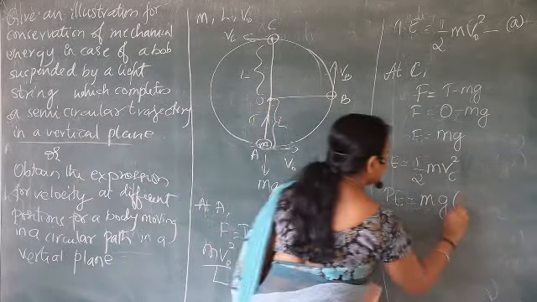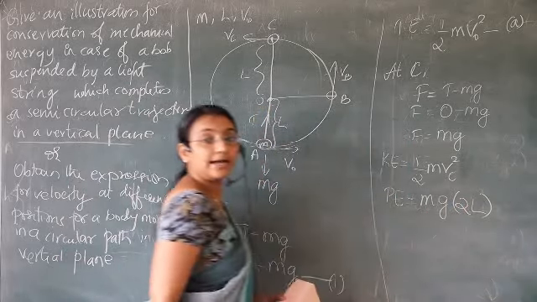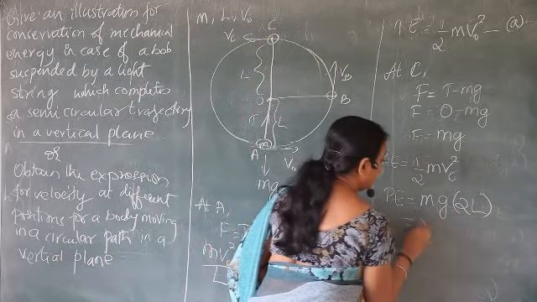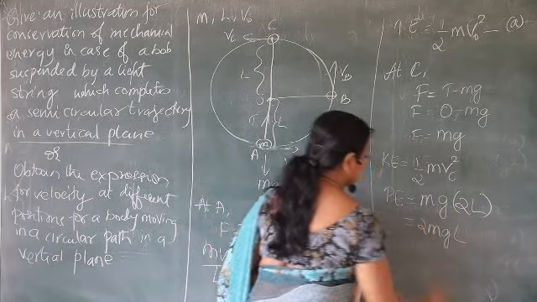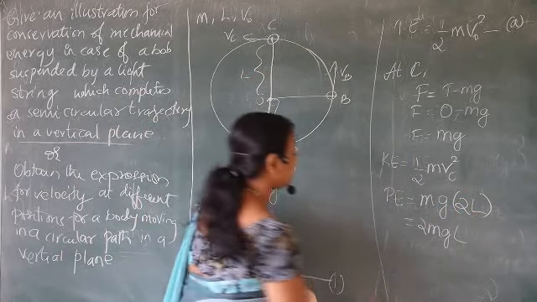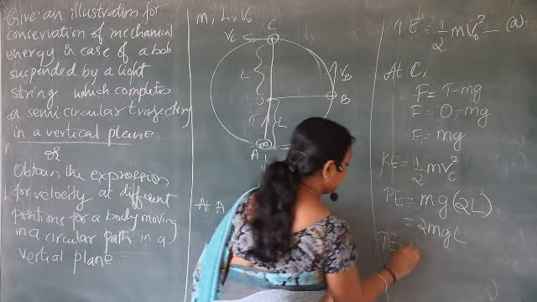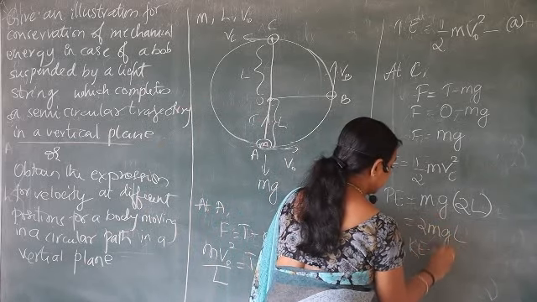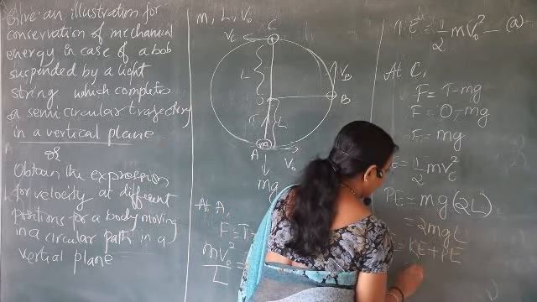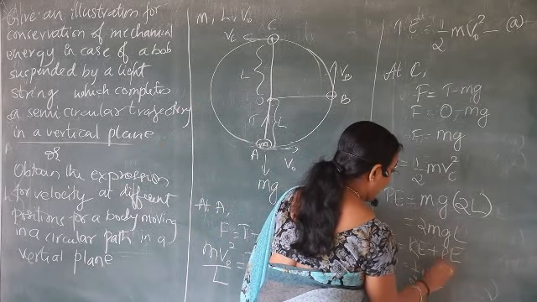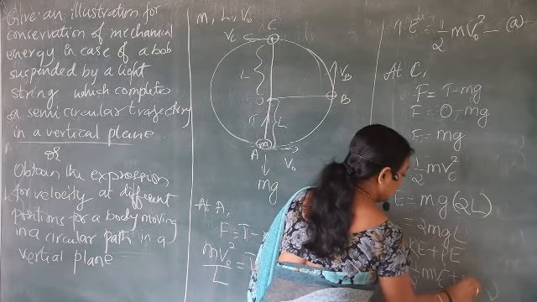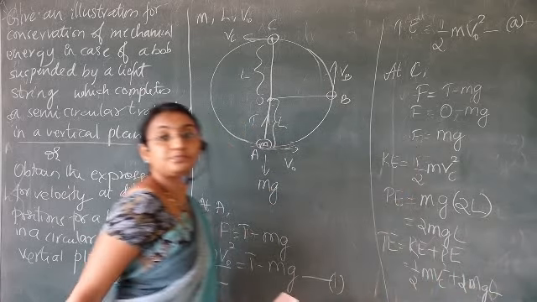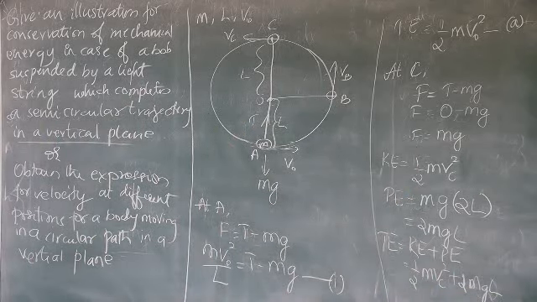The height is 2L. So the potential energy is 2mgL. Therefore, total energy is equal to kinetic energy plus potential energy, that is half m vc square plus 2mgL.